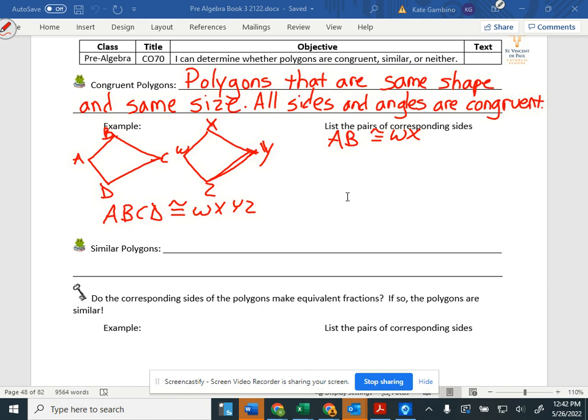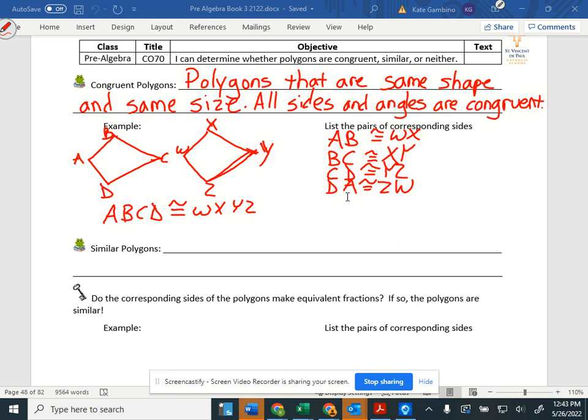So then I have BC is congruent to what? XY. CD is congruent to what? YZ. And DA is congruent to what? ZW. Okay, that's congruent. You feel good about congruent?